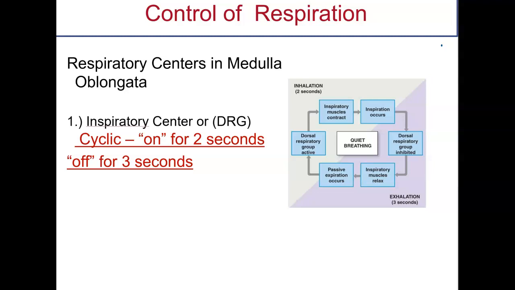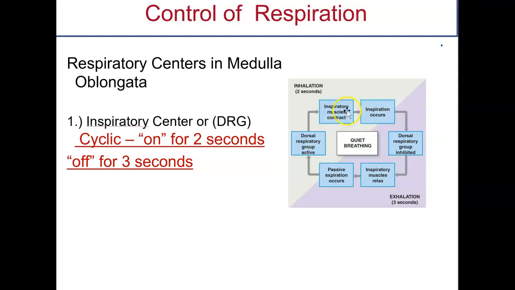And so typically when they depolarize, when they're on, what they're going to do is send information to the inspiratory muscles, primarily the diaphragm, and then the diaphragm contracts and inspiration occurs. And so we know that we typically are going to inhale for roughly 2 seconds, and then we usually exhale for about 3.